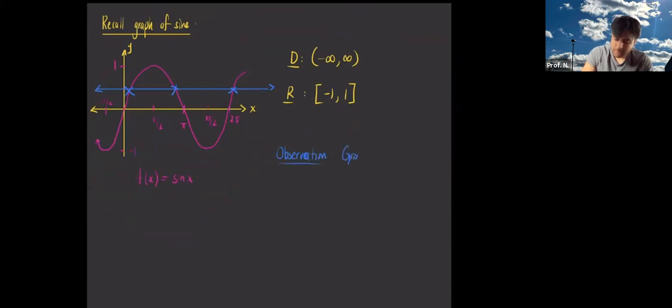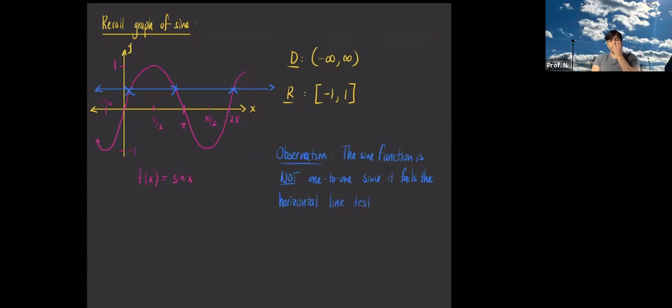Observe, the sine function is not 1 to 1 since it fails the horizontal line test.